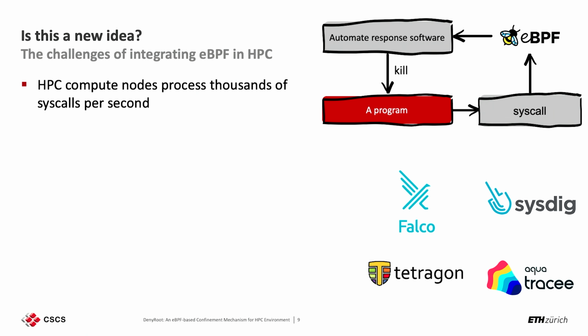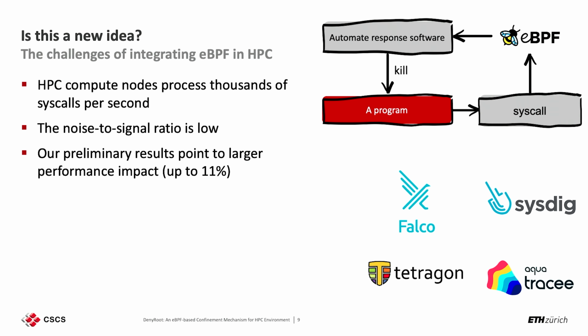So the problem is that in HPC, we do thousands of syscalls per second. So again, the signal-to-noise ratio is very small if I start to look at only syscalls, or any syscall. Since those tools are written generically, for protecting any IT device, maybe that's not the best approach for our HPC environment. Our preliminary results show that we have around an 11% slowdown in some workflows.